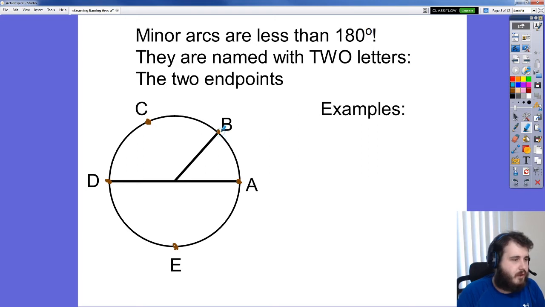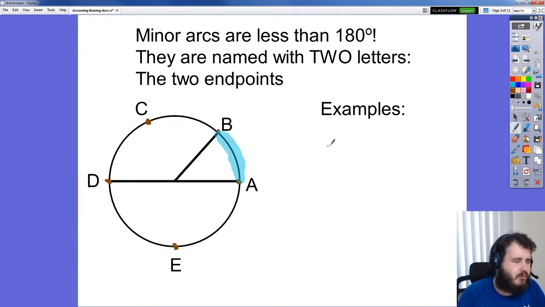So look at, for example, this arc right here. That is less than 180 degrees. If I had to guess, it's roughly 60-ish.